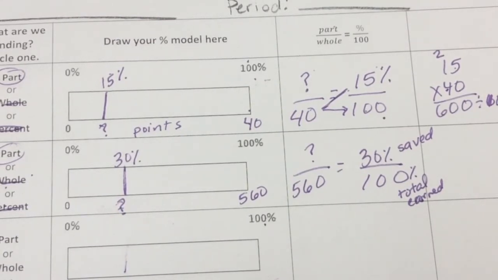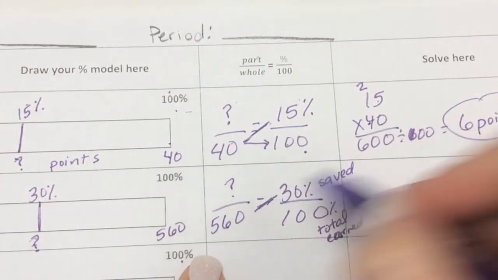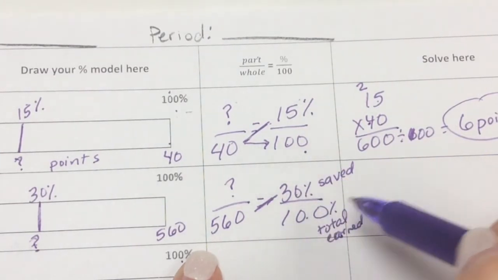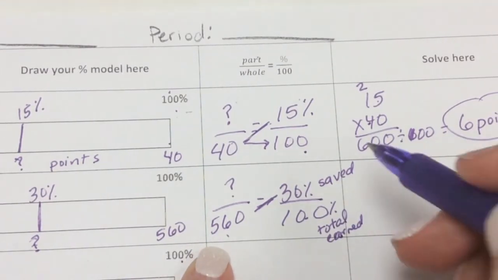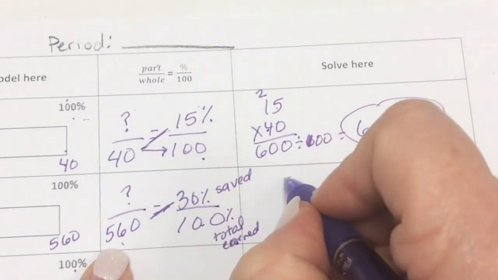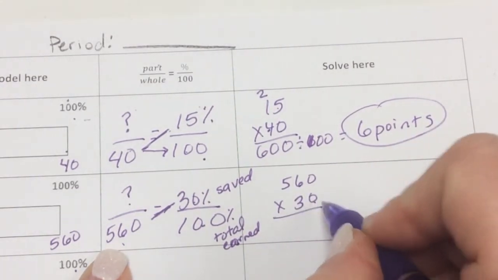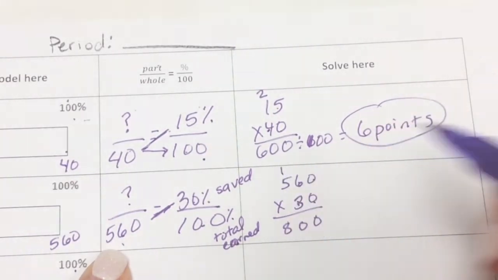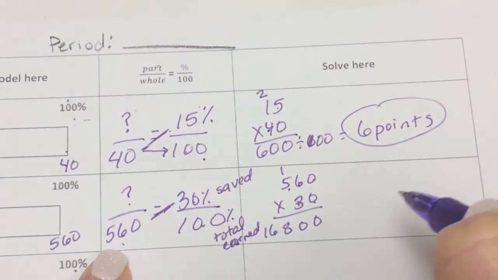Okay, so again, we would cross multiply and divide. So I multiply the two that are at a diagonal from each other. Now, sometimes scale factors work, but 30 doesn't go into 100 evenly, and 100 doesn't go into 560 evenly. So in this case, it doesn't work. I mean, it would, but it wouldn't be nice numbers. Okay, so I'm going to multiply 560 times 30. So I have a 0. Now 3 times 0 is 0. 3 times 6 is 18, and I carry the 1. 3 times 5 is 15, plus 1 is 16.